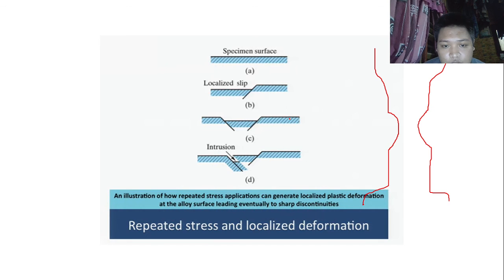This necking will eventually lead to small fractures in the material like this, and these fractures will amplify or shorten the amount of time it needs to reach failure. So if you have these small fractures in your material, it will go to fracture even faster. So that's what this means.